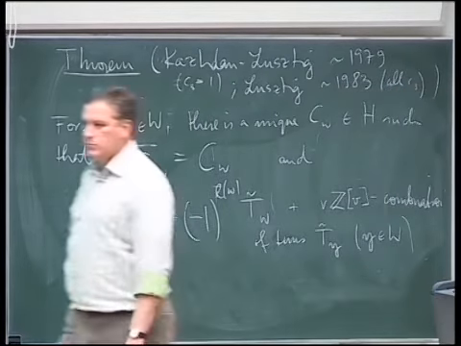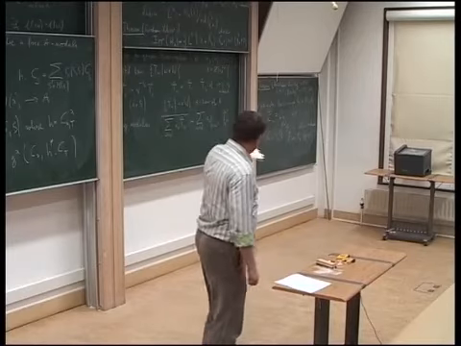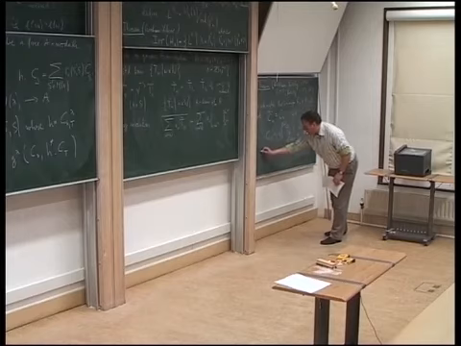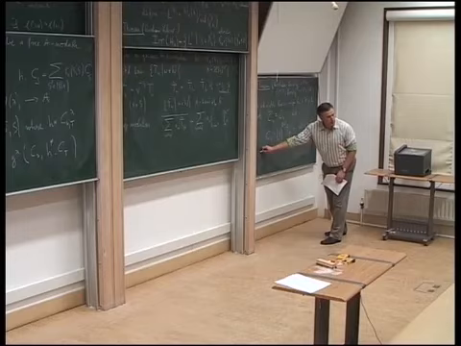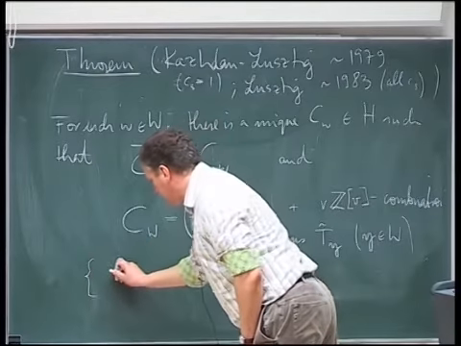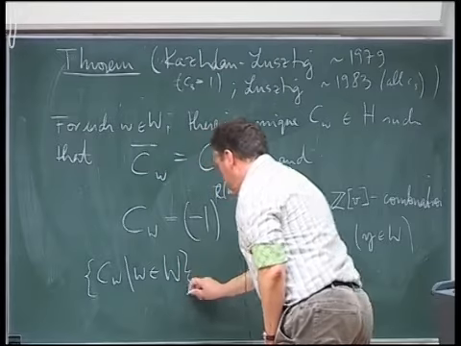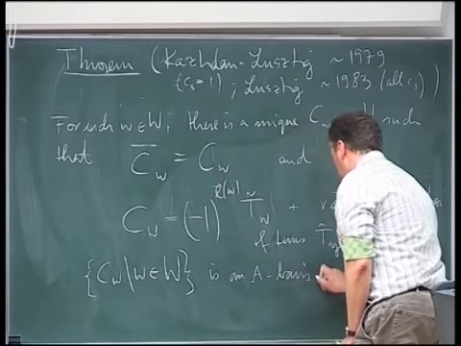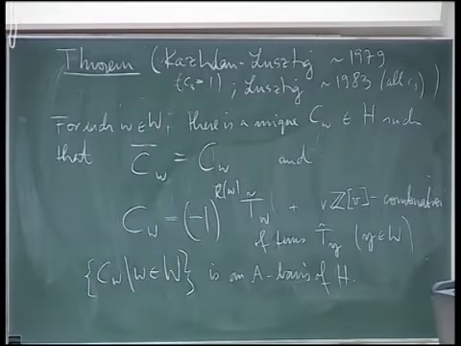With these two conditions, you can show that there is a unique such C_w. In fact, the y's should be less than or equal to w in the Bruhat order, but it will follow from this, so you can omit this Bruhat order condition from the definition. So this is a new basis of H.